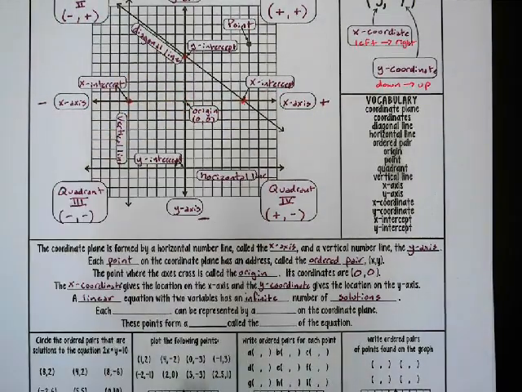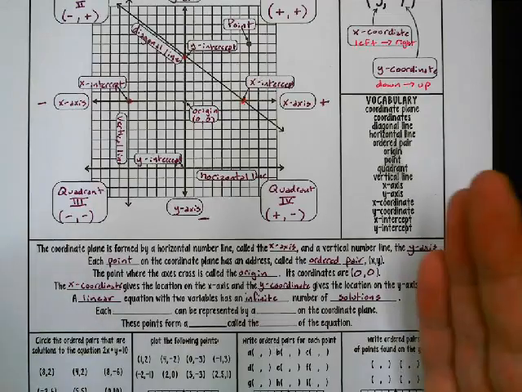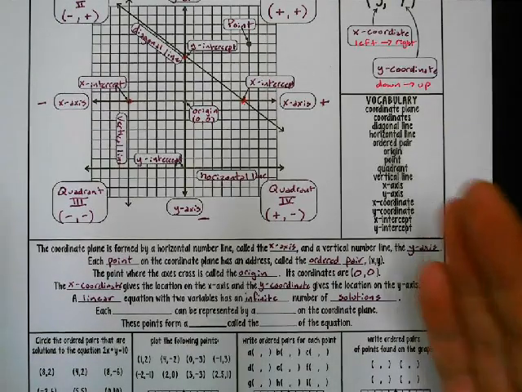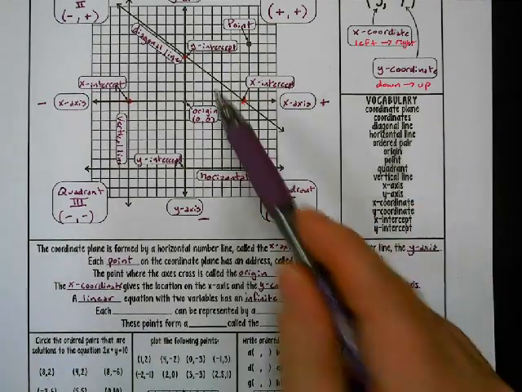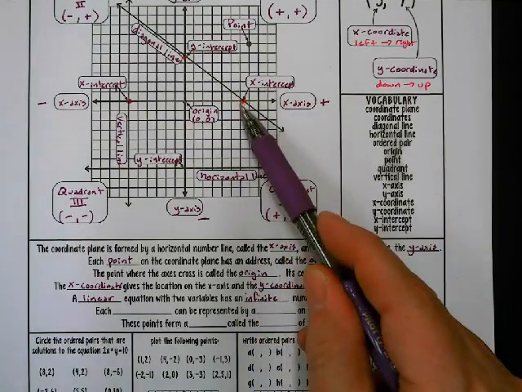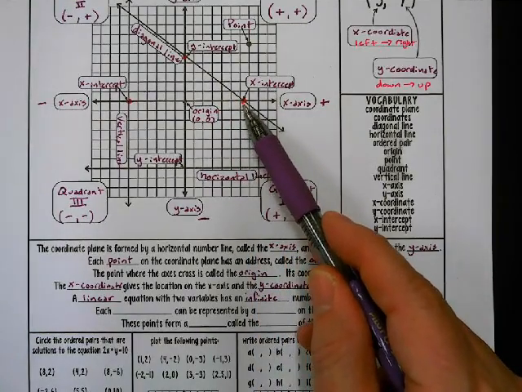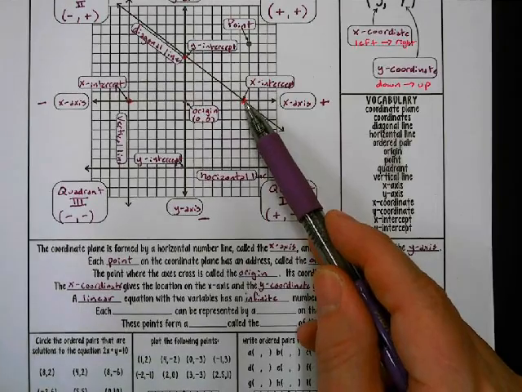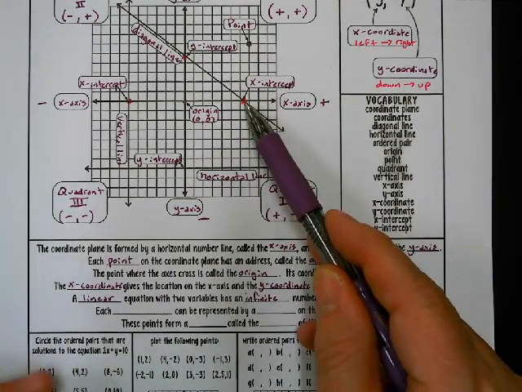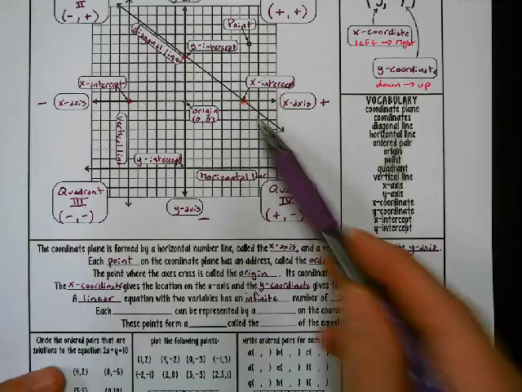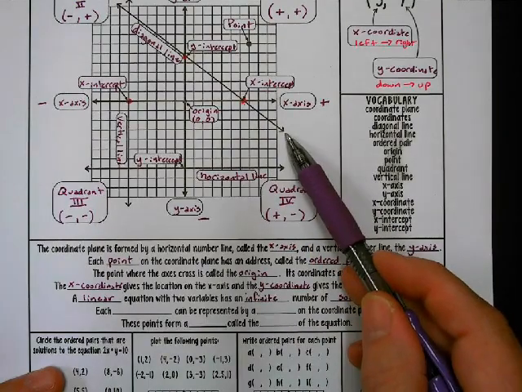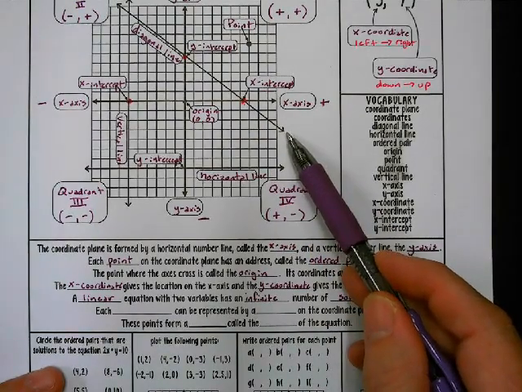We're not going to get into what that equation is right now, but each point on that line is a solution to the equation. The equation has an x in it and a y in it, and we can come up with an infinite number of points. See these arrows here? This arrow means that it goes forever. So we're going to have an infinite number of solutions.